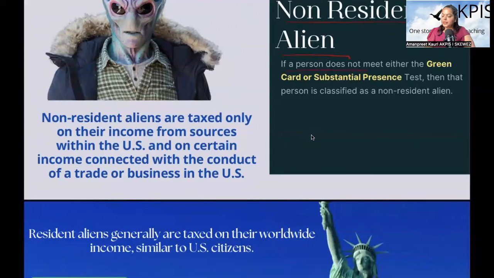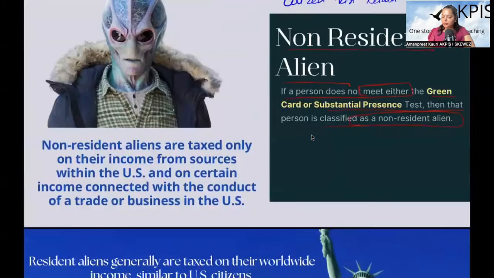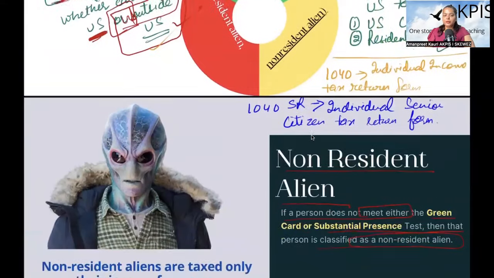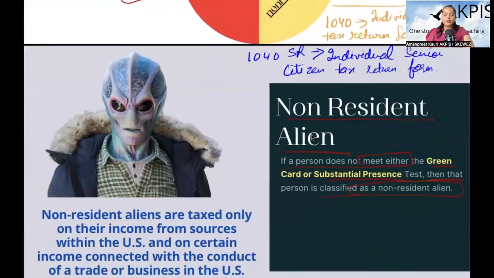If a person does not meet either the green card test or the substantial presence test, then the person is classified as a non-resident alien, right? So resident alien, we will discuss further, because they are supposed to satisfy either the green card test or 183 days or more, that we will discuss.